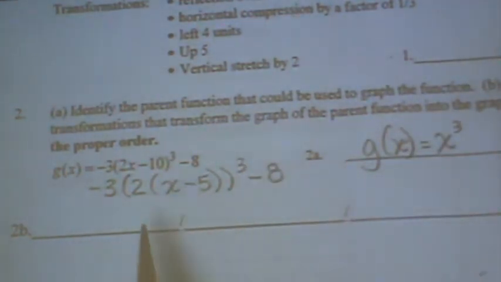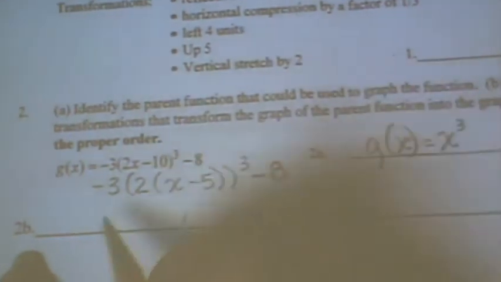Let's talk about these transformations. What's the first thing? Take this 2, flip it. That would be a horizontal compression by 1/2.